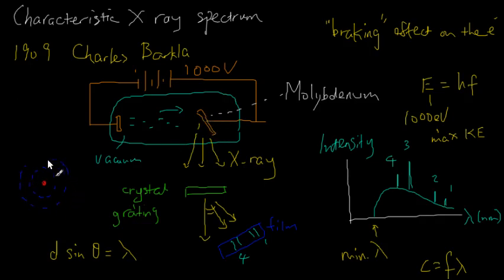So let's think about it like the hydrogen atom, like Bohr would have drawn it, the Bohr model for the hydrogen atom. Then there are only certain allowed radii for the orbits. Okay, let's say we're talking about molybdenum metal.